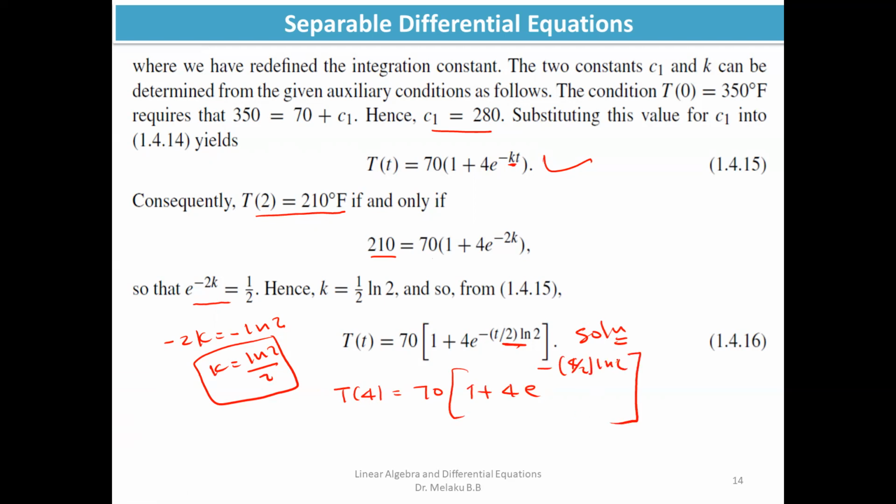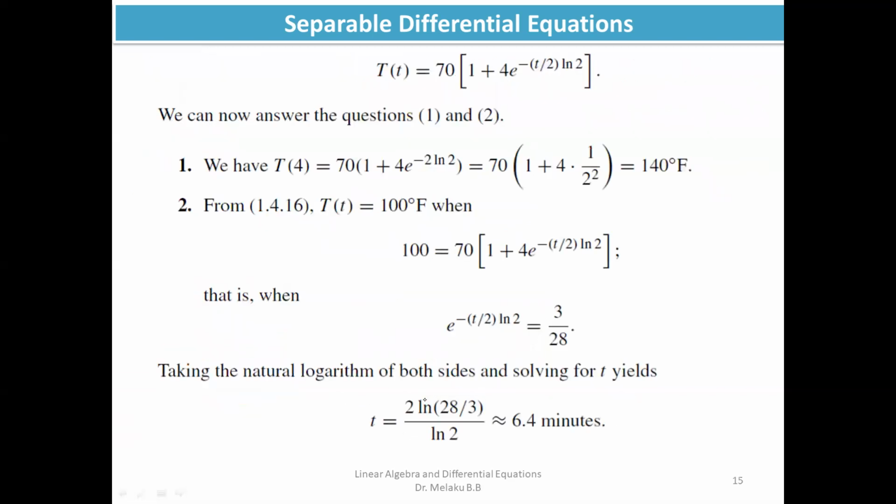So you can use your scientific calculator, and it tells you that at t equal 4 we will have 140 degrees centigrade. That is feasible. That's great because it is cooling.